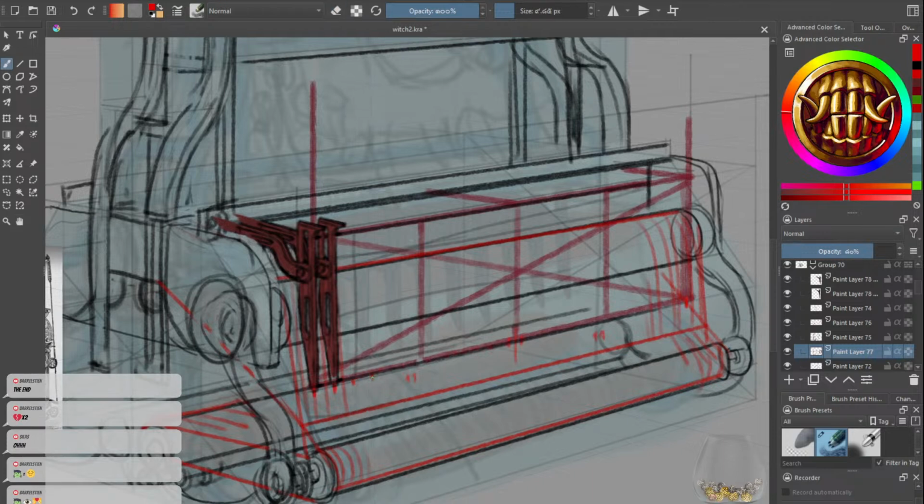Scoot a bit closer. 4. 10. There you go. And then 11.